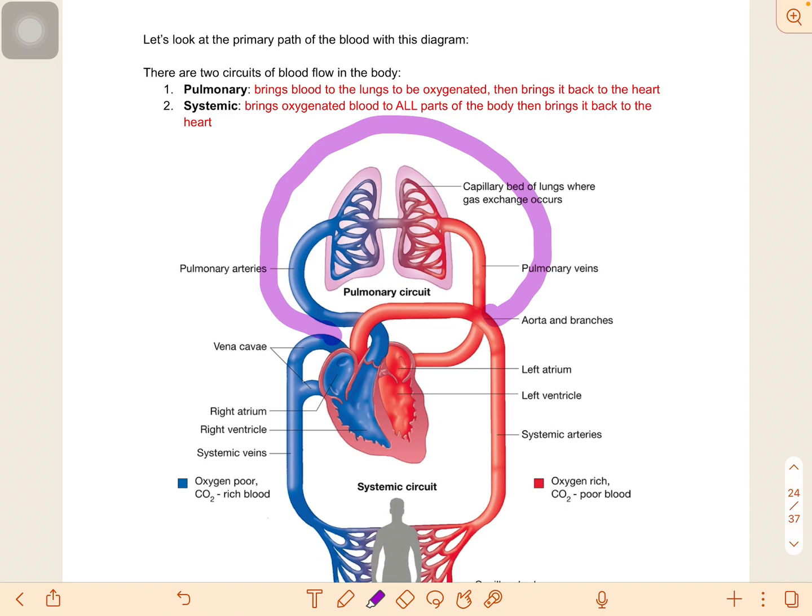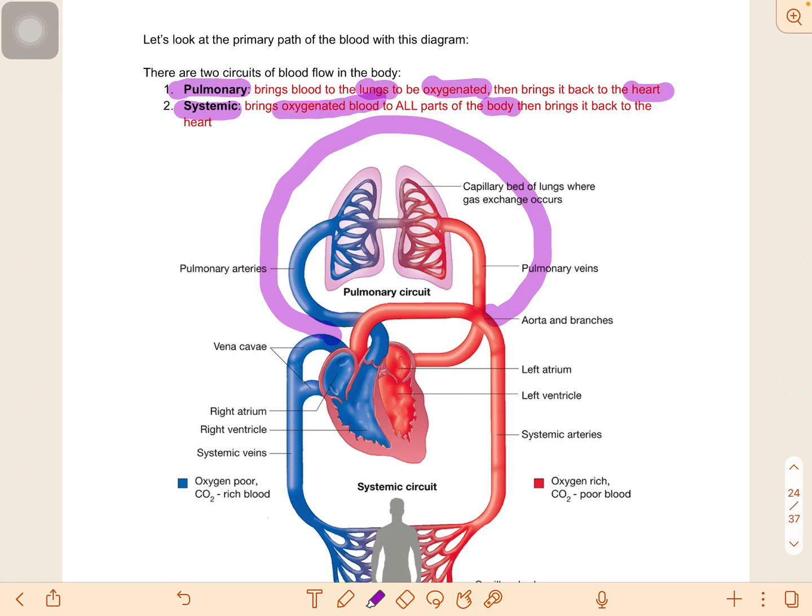Remember, pulmonary means lungs, brings blood to the lungs so it can be oxygenated. And then it brings it back to the heart, and then brings all that oxygenated blood to all the parts of the body. Oxygenated blood to the body, and that's the systemic system.